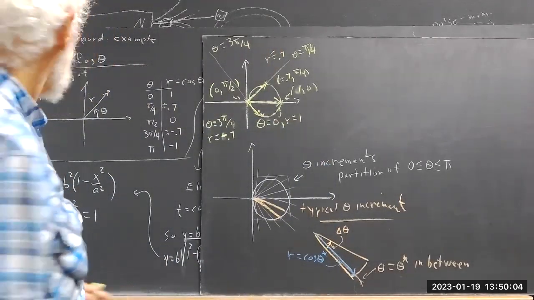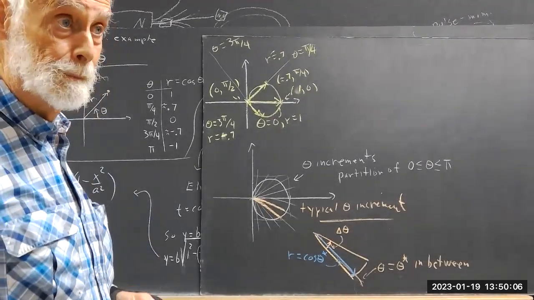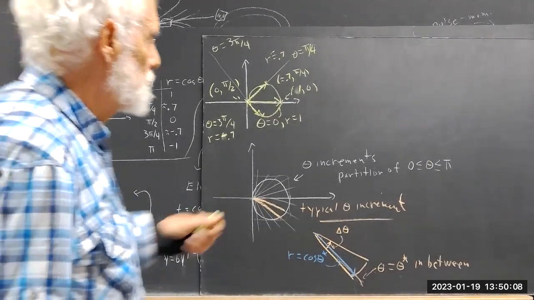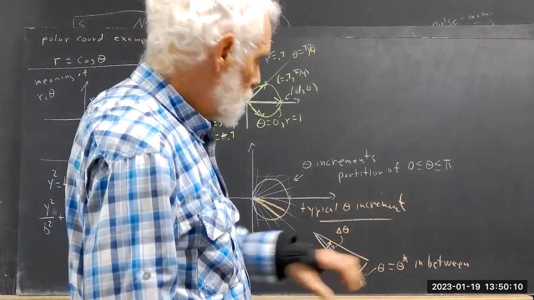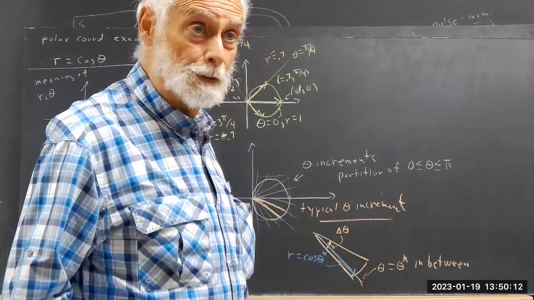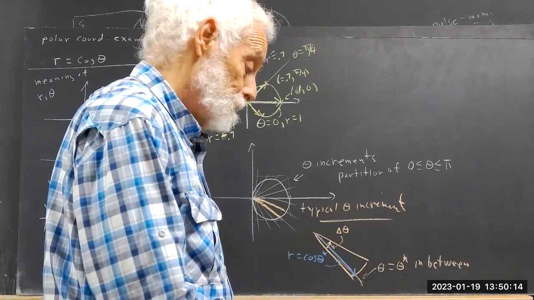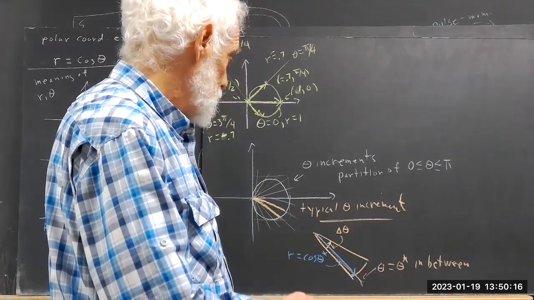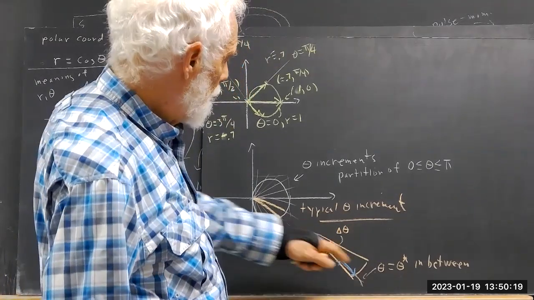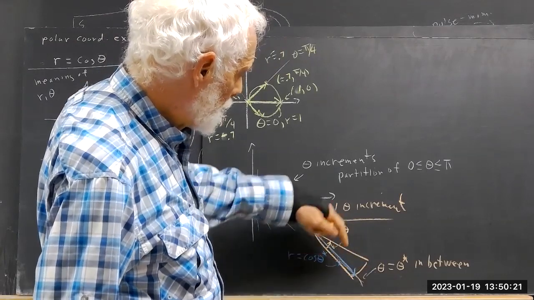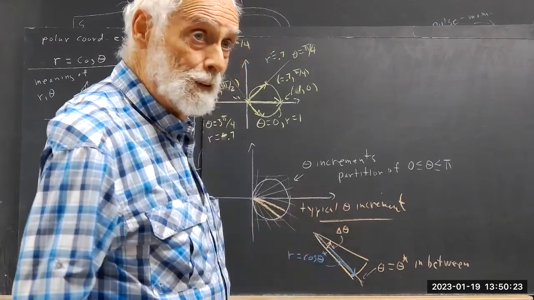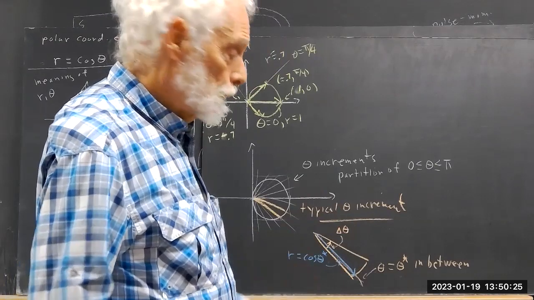What's the area of this thing? Well, if you have a small partition, this thing is pretty close to a triangle, isn't it? And that triangle would be half of a rectangle. If you put another one upside down on top of this one, that rectangle would have what dimensions?